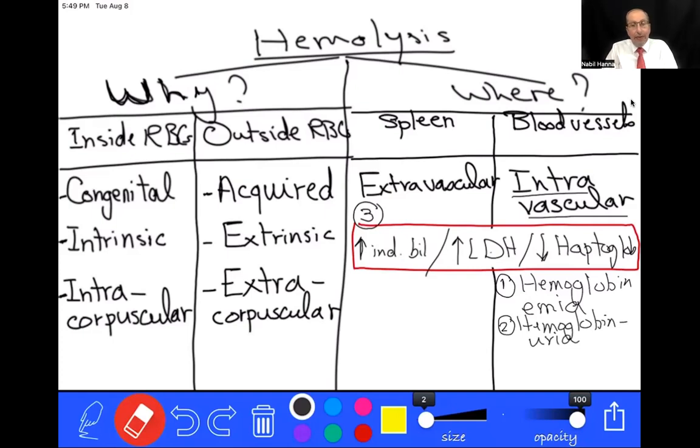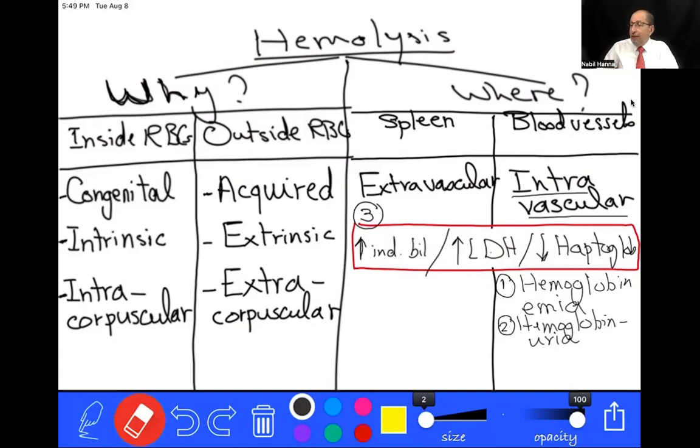And finally, as hemoglobin passes inside the kidney tubules on its way to the outside with urine, the iron of hemoglobin reacts with some protein molecules in the kidney tubules, and we get hemosiderin.